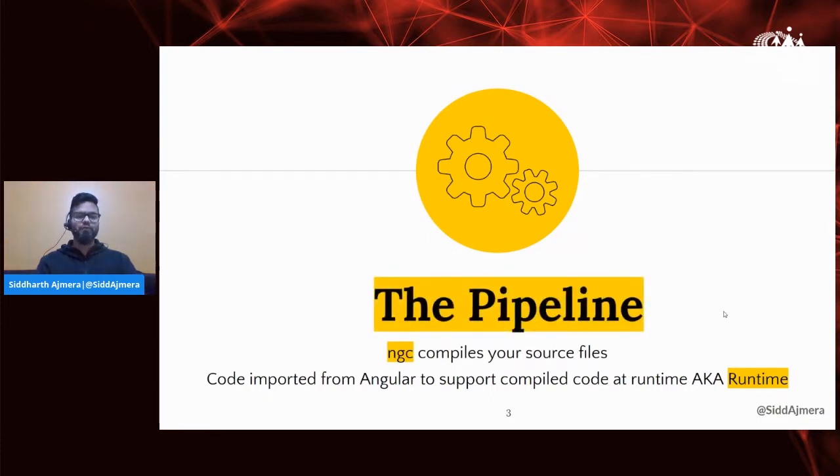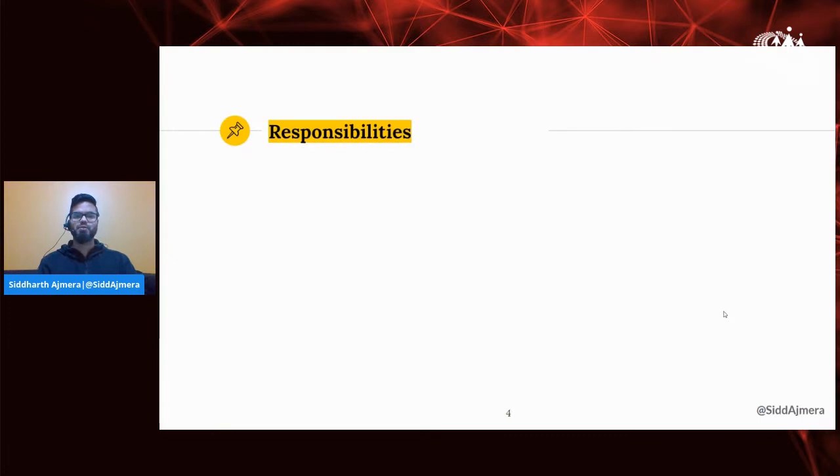Now in case of Ivy, the whole compiler as well as the runtime has been rewritten at the background. Right. So the pipeline is responsible for doing quite a lot of things for us as developers so that we don't have to take care of all these things on our own. And these are a few things like transformation of Angular abstractions, because we as Angular developers are used to writing Angular code.